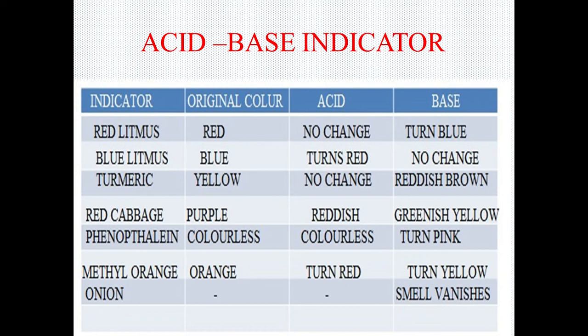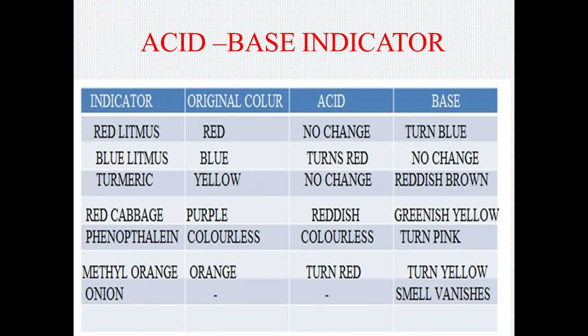Similarly, turmeric is our natural indicator that is found in the kitchen of every home. Turmeric originally has a yellow color, and if it reacts with a base, it gives a reddish brown. Next, red cabbage juice is originally purple, but with acid it gives a reddish color.